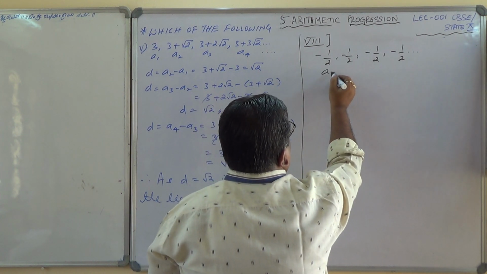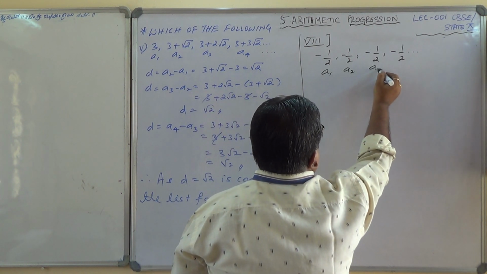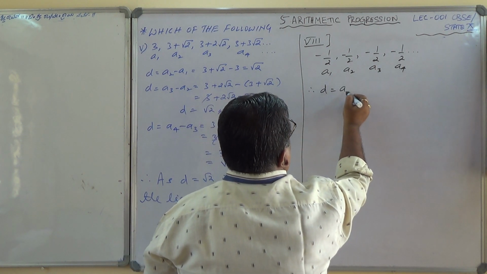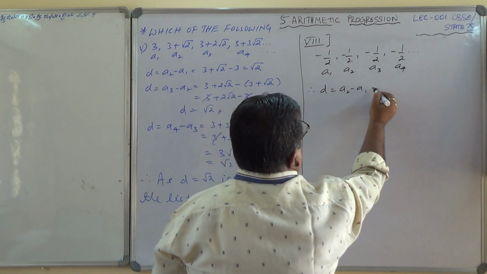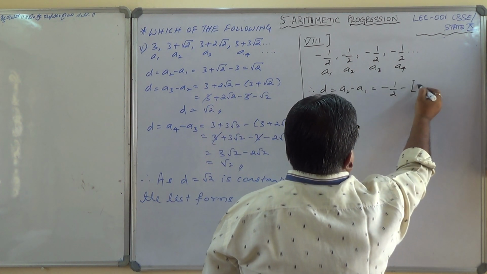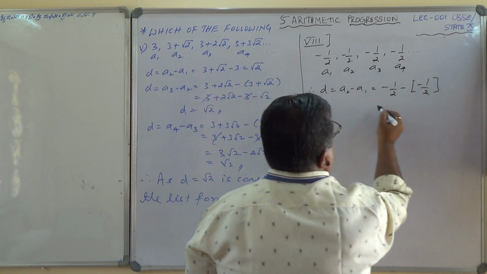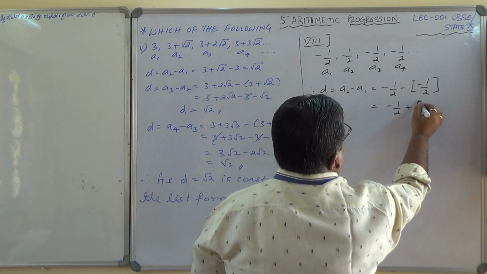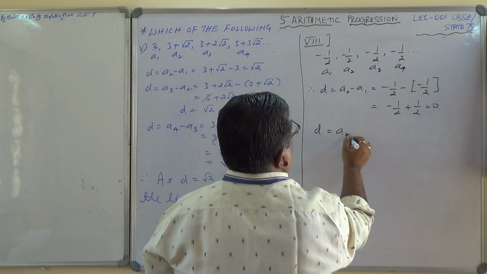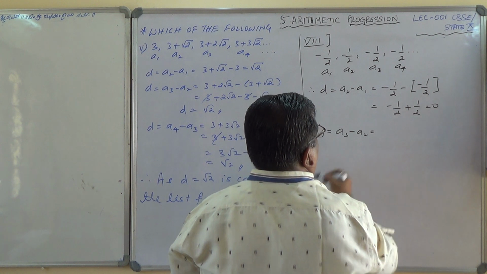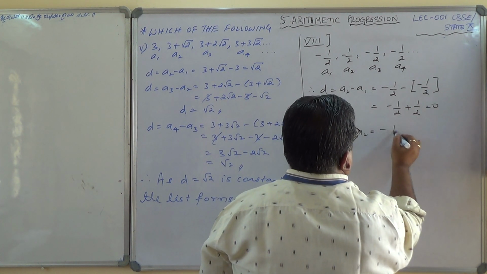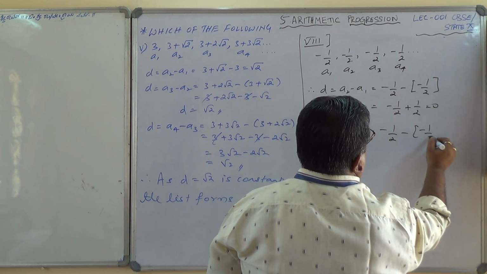So let me turn these terms as A1, A2, A3 and A4. Therefore D equals A2 minus A1, which equals minus half minus of minus half, which is minus half plus half, which is 0. Now D equals A3 minus A2. Minus half minus minus half.